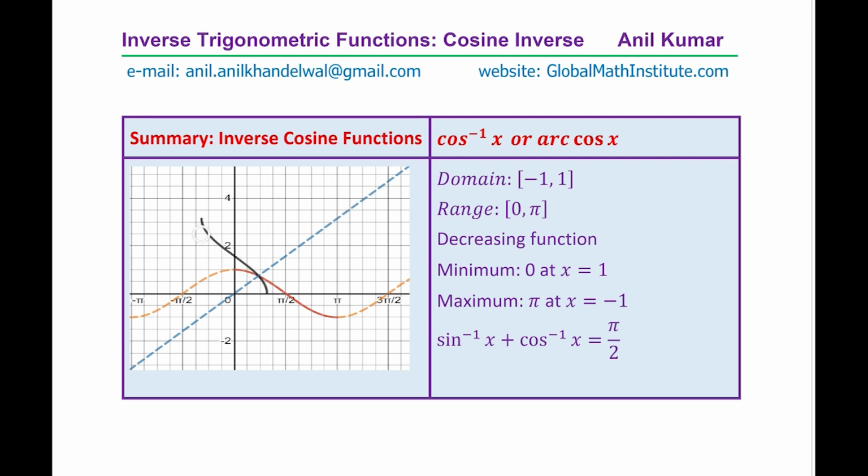Domain and range swap. It's a decreasing function with a minimum value of 0 at x equals 1 and a maximum of pi at x equals -1. We also found that this identity, the sum of sine inverse of x and cos inverse of x is pi by 2, holds. With that, we end our session.